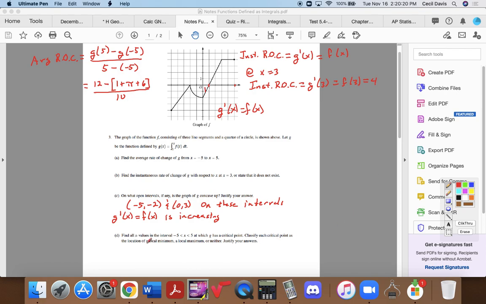And then find all x values in the interval from -5 to 5 at which g has a critical point. Classify each critical point as the location of a local minimum, a local maximum, or neither, justifying your answers. Okay, so critical points are where g prime of x, which is f of x, is equal to 0.